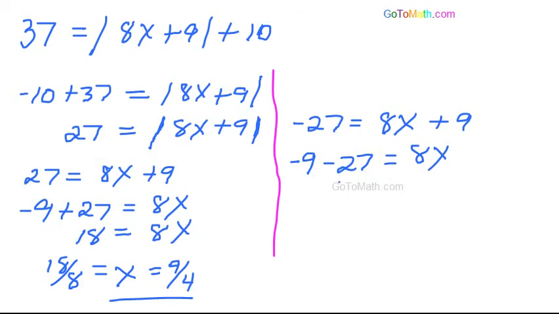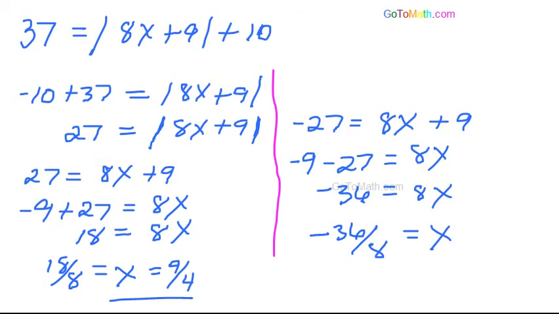And so what do we got going on here? Negative 36. Negative 36 is equal to 8x. Negative 36, take that 8 diagonally down. Remember, that's just the shortcut way of looking at it.